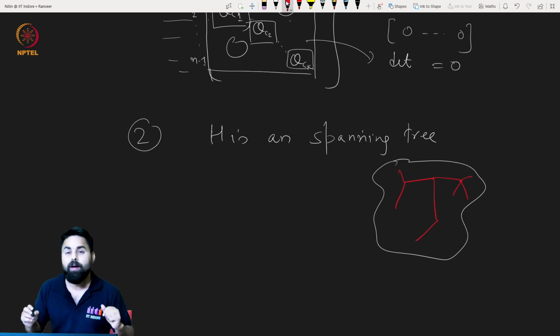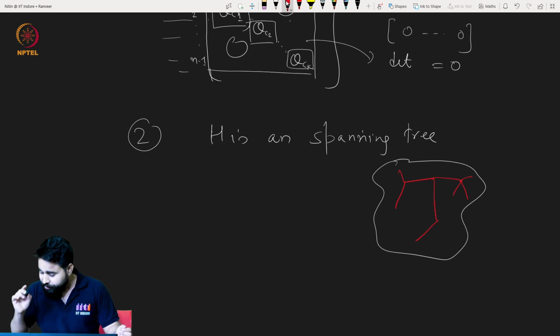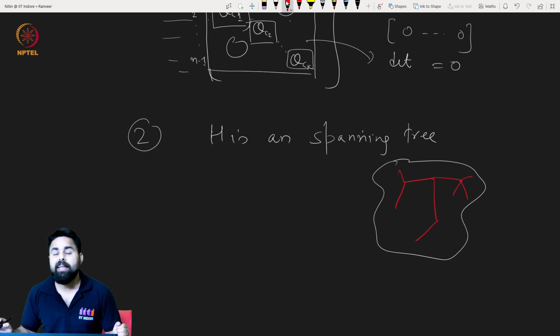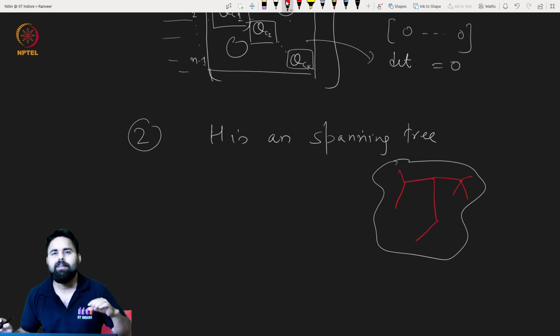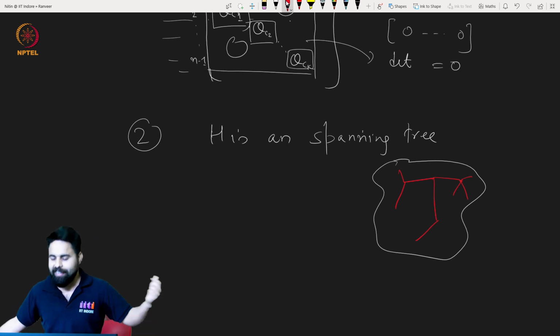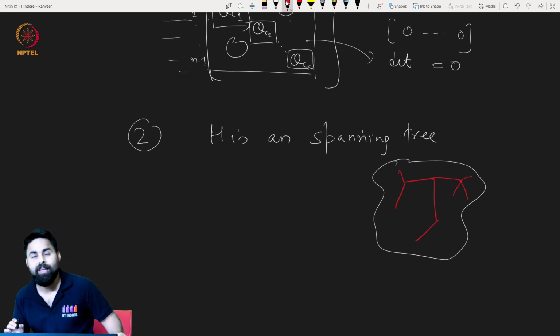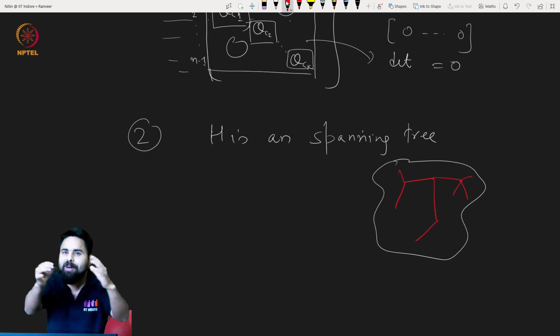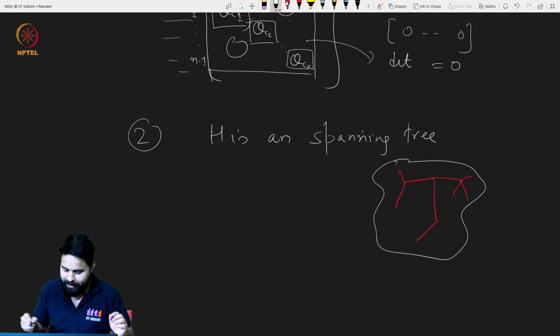Now, I remember in the DIY of the first lecture, I gave you this question: if there is a tree on n vertices, where n is greater than or equal to 2, there are always at least 2 pendant vertices, or at least 1 pendant edge. You can go back to the definition of pendant: a pendant vertex is a vertex having degree 1. We will make beautiful use of these pendant vertices with the submatrix corresponding to Q, and then the result is apparent.